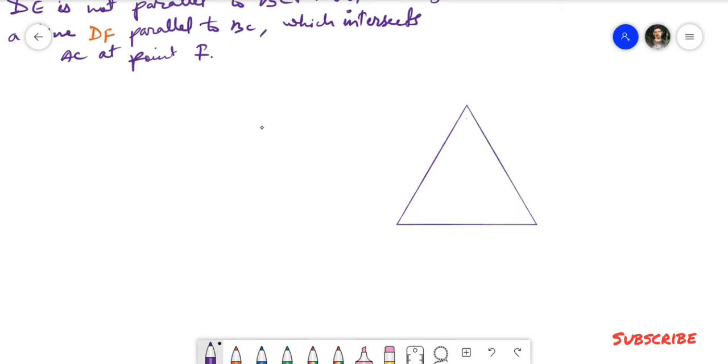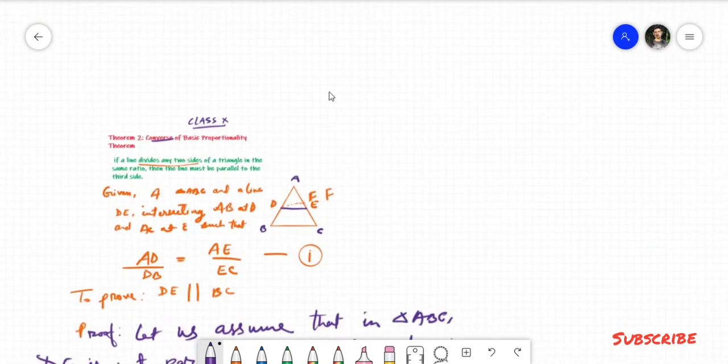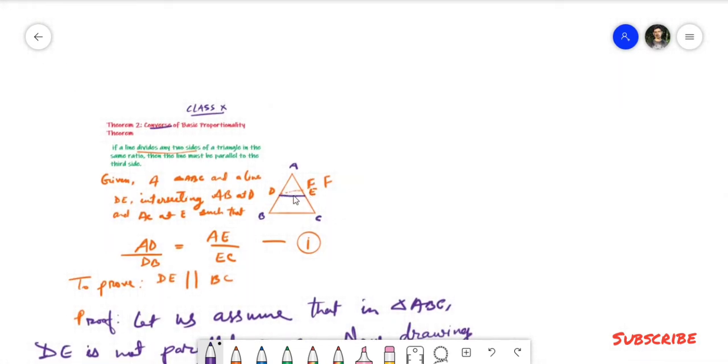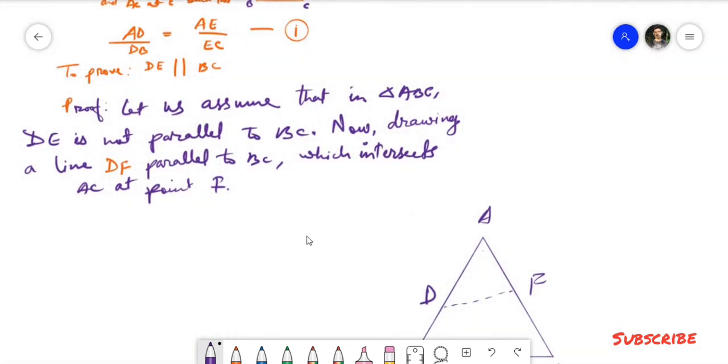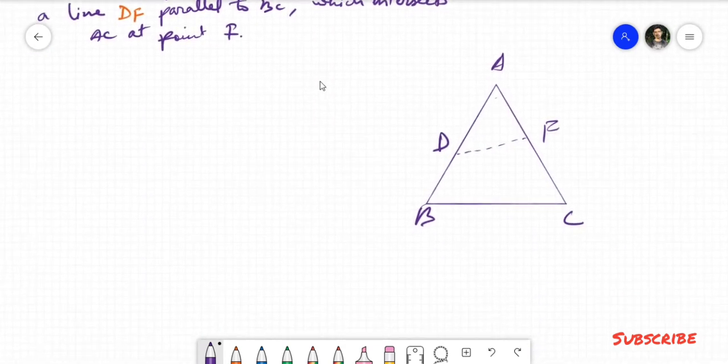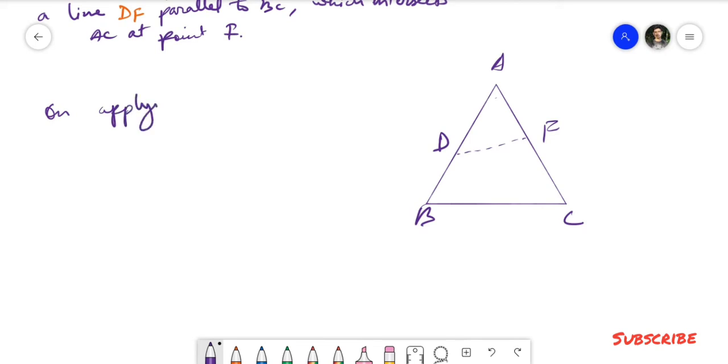Okay, so we took A, B and C, and we suppose a line DF. I'm saying this is given to us, but we suppose DF is a parallel one. Again I'm saying don't draw this one. This is just for understanding. I'm drawing it for my convenience.